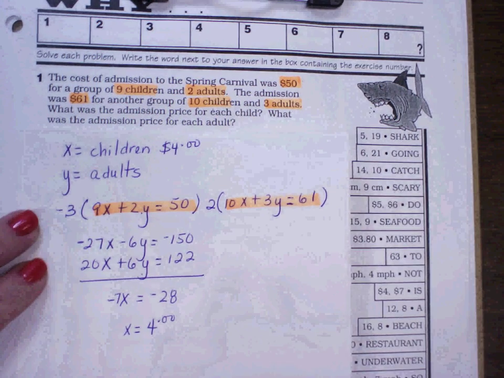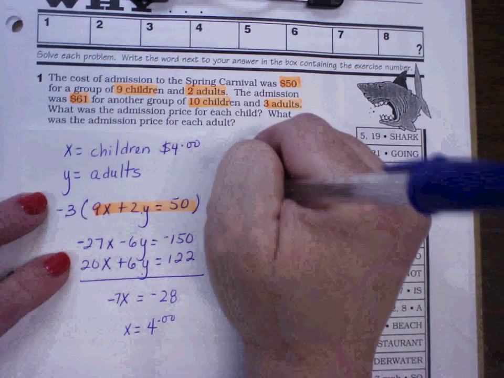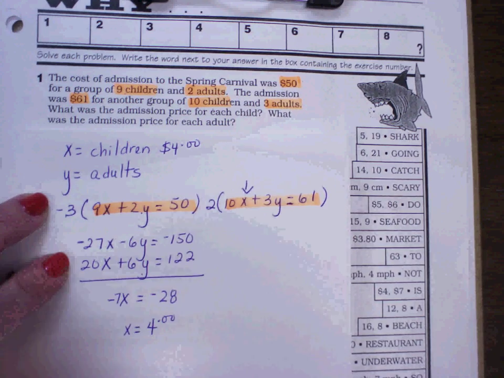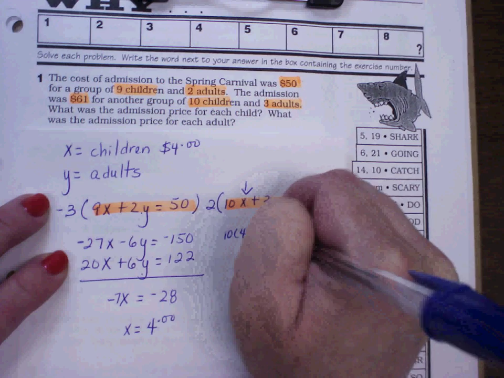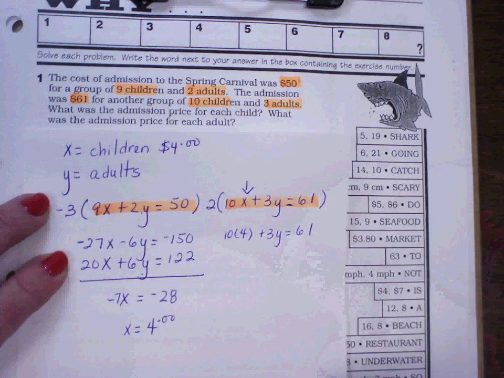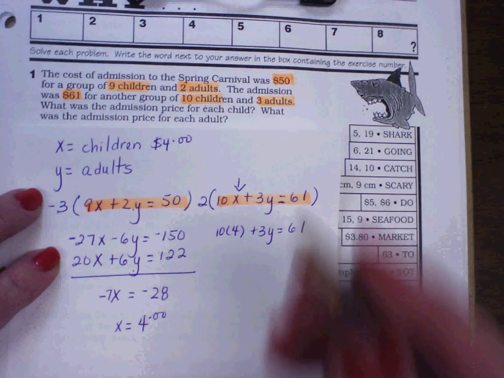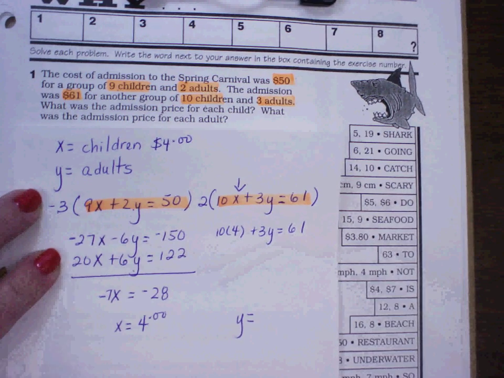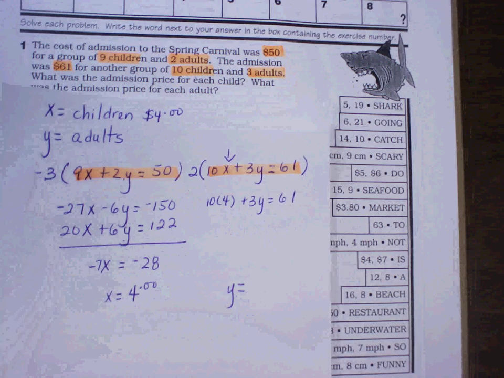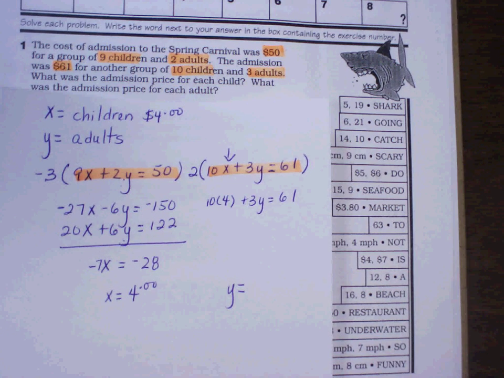So what do I do? Substitute. Very good. So 10 times 4, it doesn't matter which one, plus 3y equals 61. Then you go to equation solver and you solve your equation.